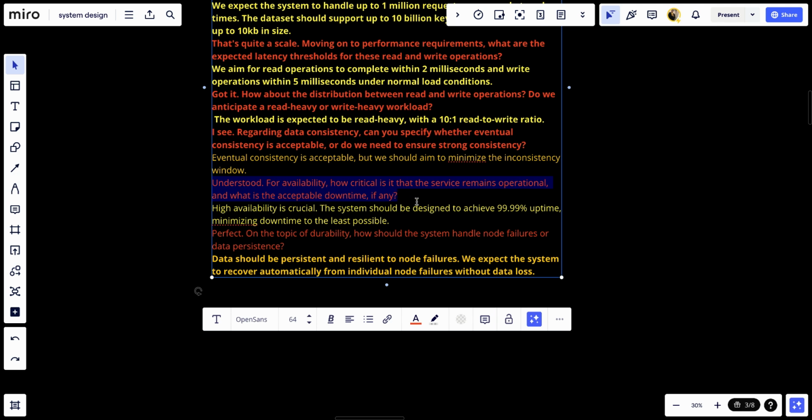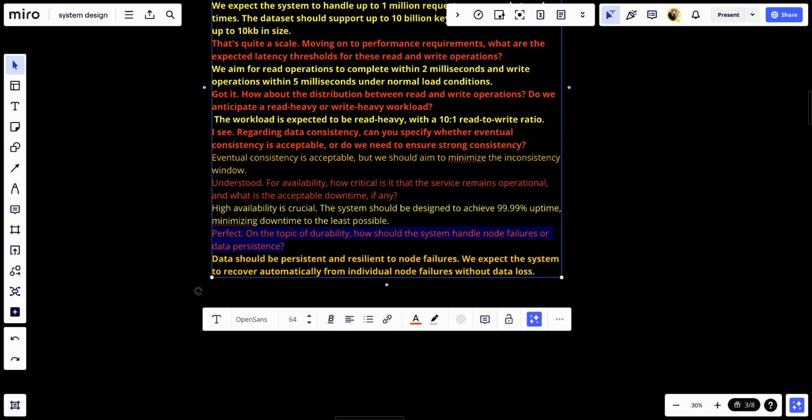So for availability, how critical is it that the service remains operational and what is acceptable downtime? High availability is crucial, and the system should be designed to achieve four nines uptime, minimizing downtime to the least possible.